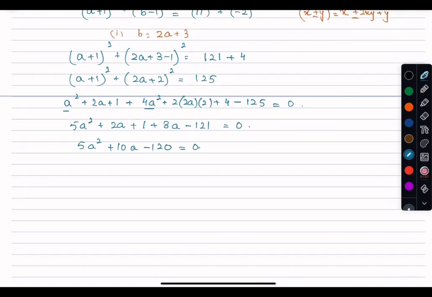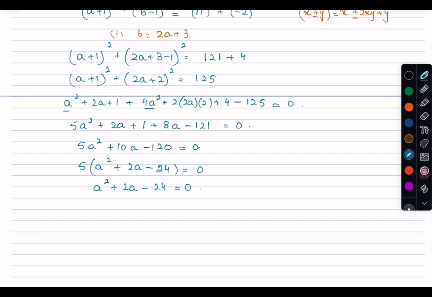Solving it further, taking 5 common, simplifying the equation, this is a squared plus 2a minus 120 divided by 5, so that is going to be 24, which is equal to 0. So solving the quadratic equation, I can say it is a squared plus 2a minus 24 equals 0.